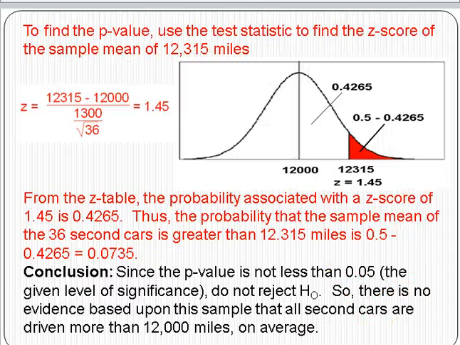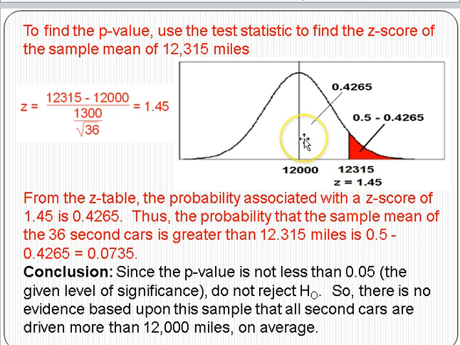For the calculations, to find the p-value we use the test statistic. That would be the sample mean minus what we hypothesize the mean of the population to be, 12,000, divided by the standard deviation of the sampling distribution, which equals 1.45. Again, 1.45 makes sense. This is greater than the mean, so we have a positive z-score, about 1.5 standard deviations larger than the mean.